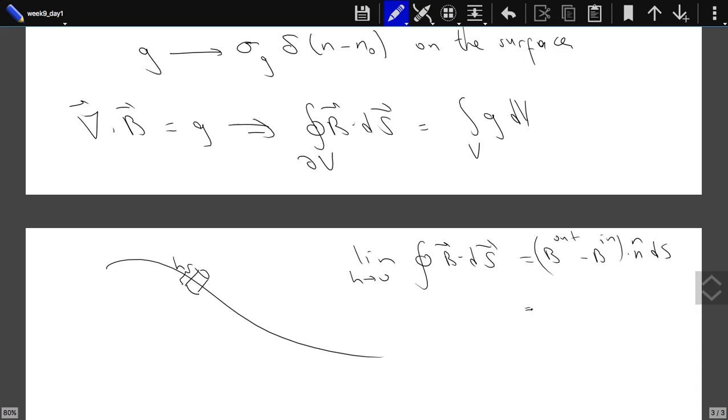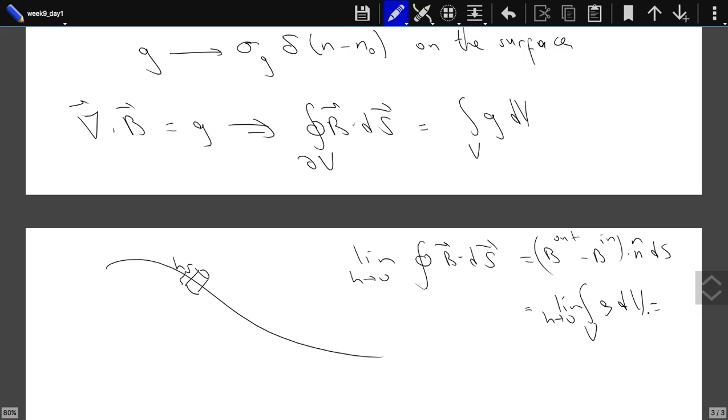And this is at the same time equal to G dV in the limit as height goes to 0. Well, if G diverges on this surface, then that integral will be finite. And as you just shrink this volume, the volume goes to 0. Nevertheless, the integral will be finite because it has this divergence that looks like a Dirac delta.